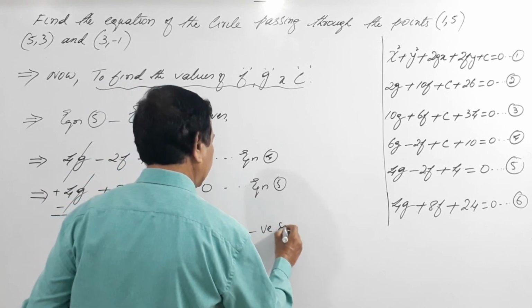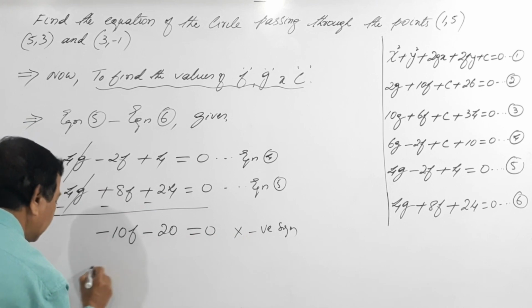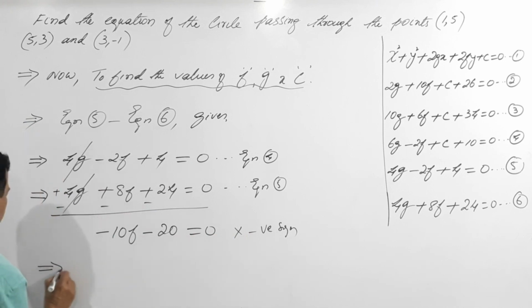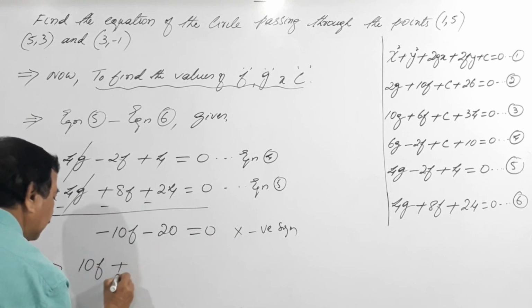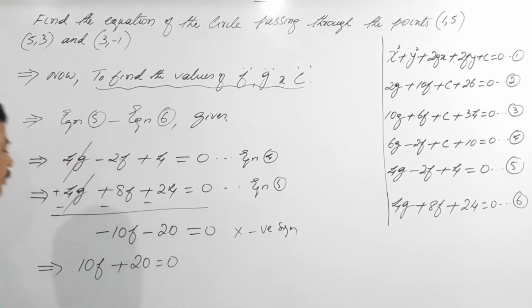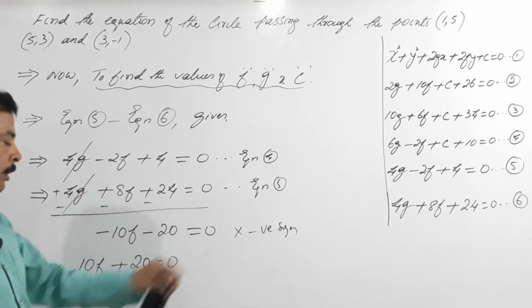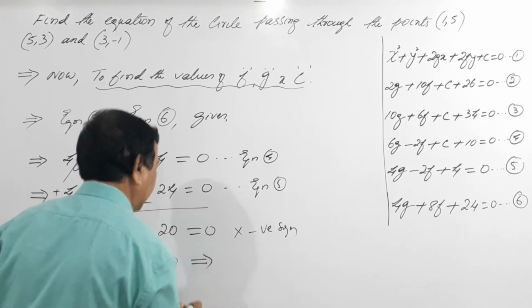Minus into minus becomes 10F, plus 20 equals 0. So I send this 20 to the right hand side.